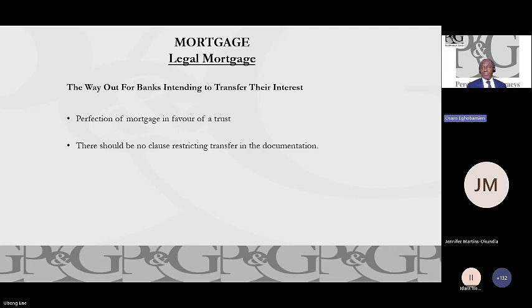But I think the problem that we face with that is that with time, as I said earlier on, in international banking, banks do not keep assets on their balance sheet to maturity. Most banks will sell those assets.